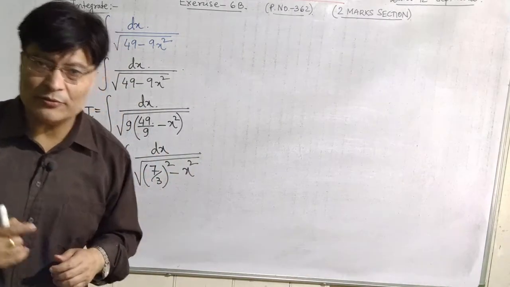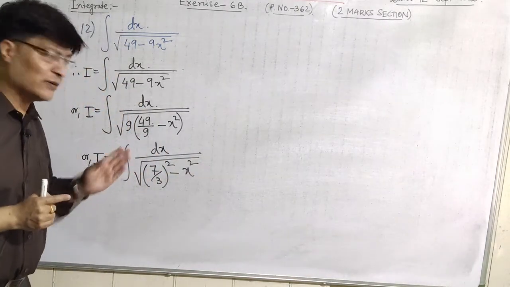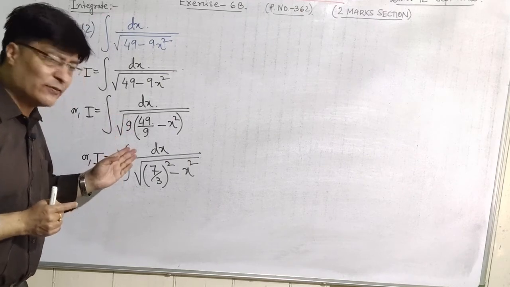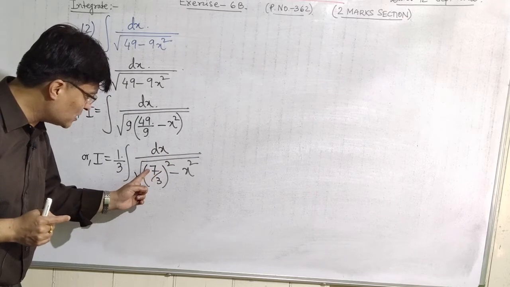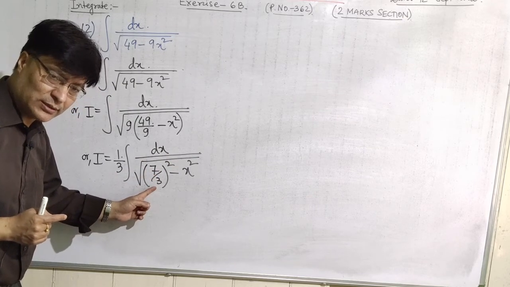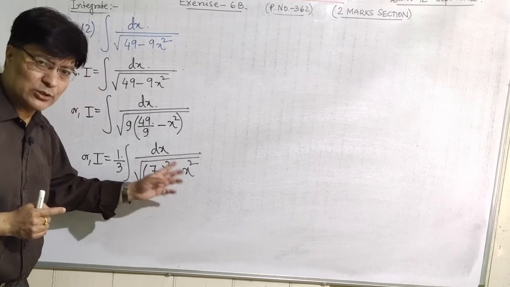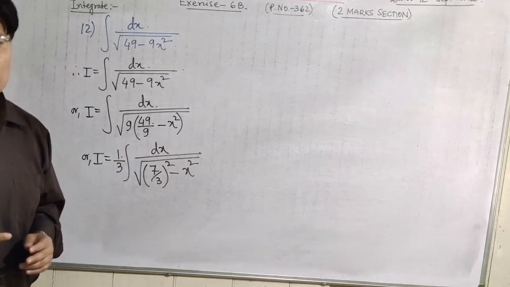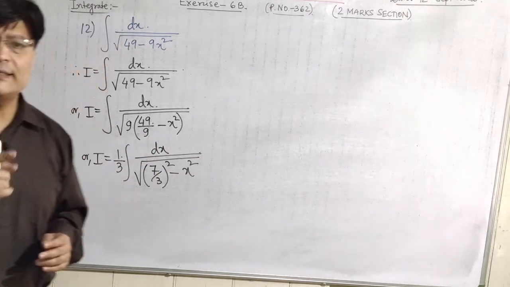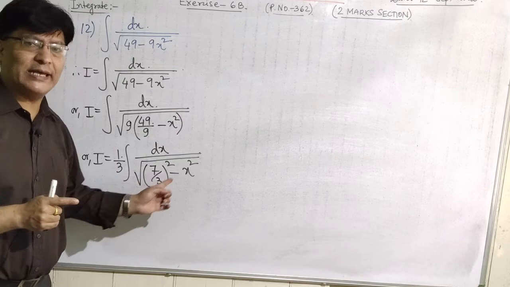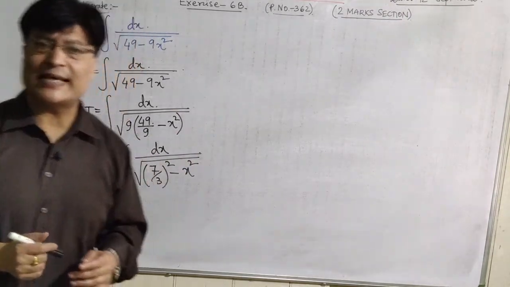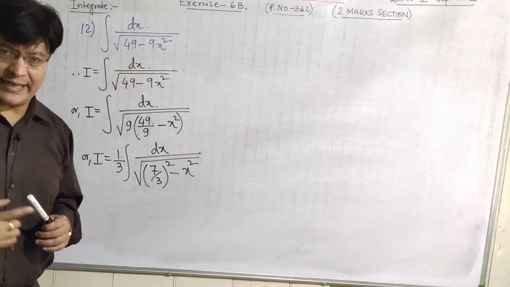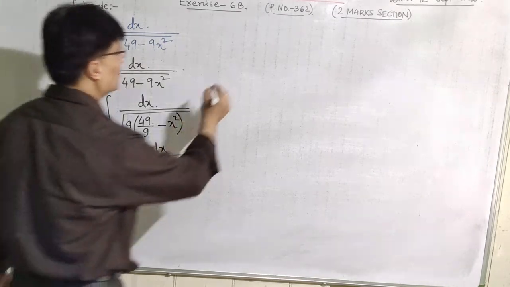Is that understood now? So now this is the standard form. Which standard form is this one? That is root over, instead of a there is 7 by 3 which is constant, and instead of x there is x. So this is the sixth standard form, that is integral sign dx upon root over a square minus x square, whose formula is sine inverse x upon a. So let us write down the formula here.